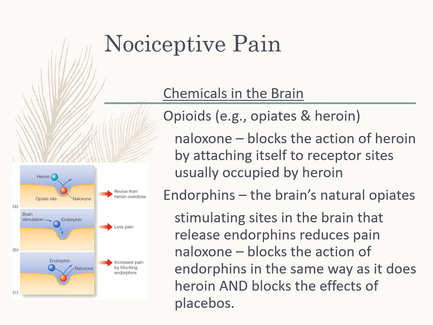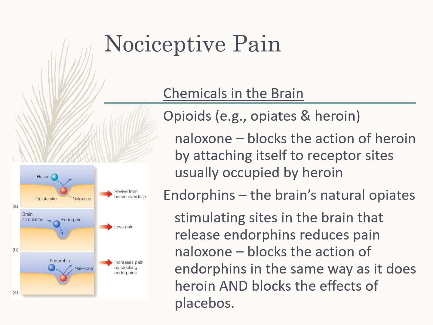Naloxone blocks the action of heroin by attaching itself to the receptor site that heroin usually occupies, so it's a direct antagonist for heroin. If we look at A in the picture, naloxone fits into the receptor site of the postsynaptic neuron. It does not influence the postsynaptic neuron, and it basically just blocks heroin from getting into that receptor site.